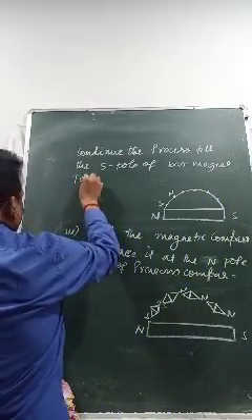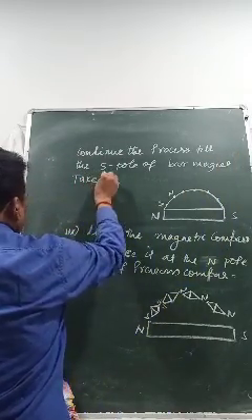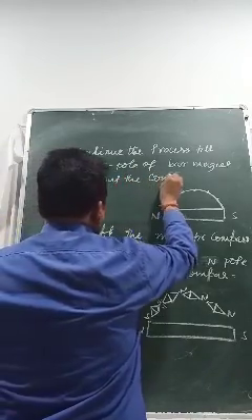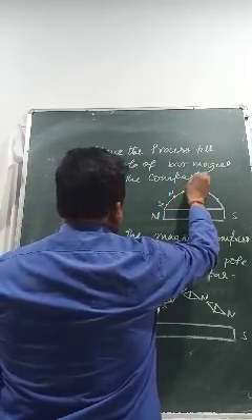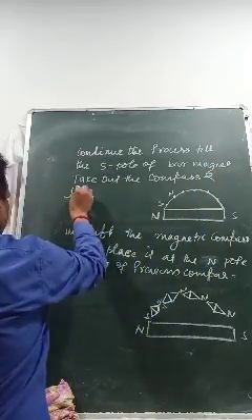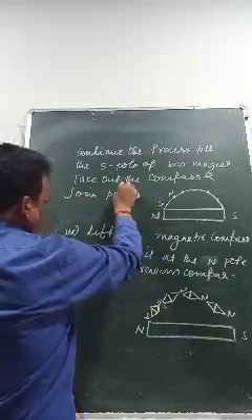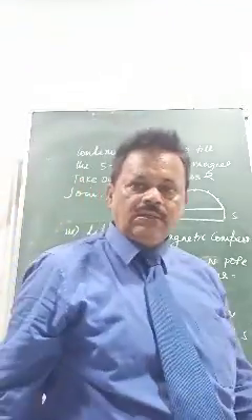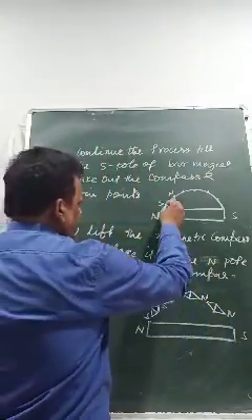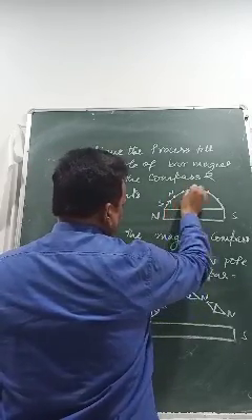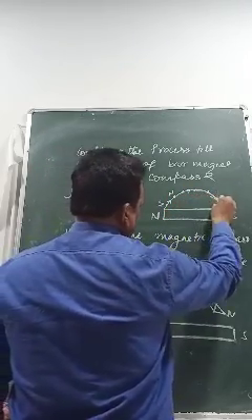Take out the compass and join the points. Okay, so this shows you magnetic field of line starts from north pole, goes in the direction of south.